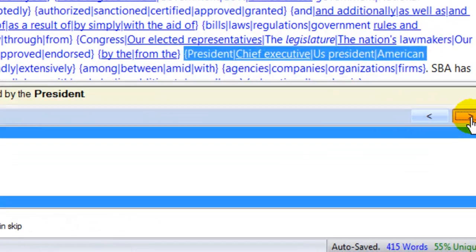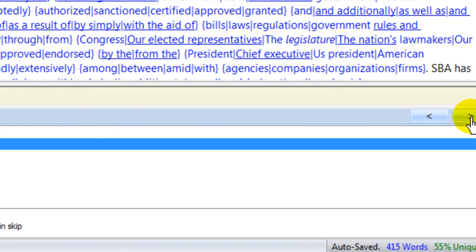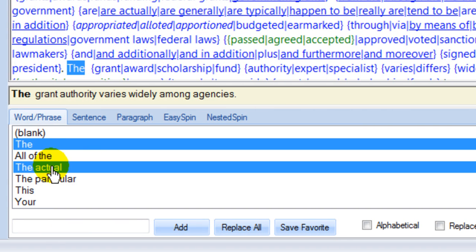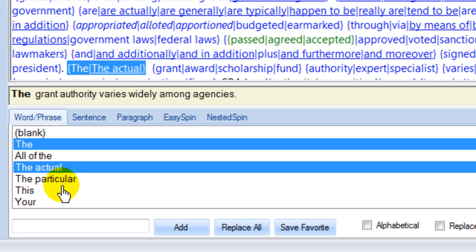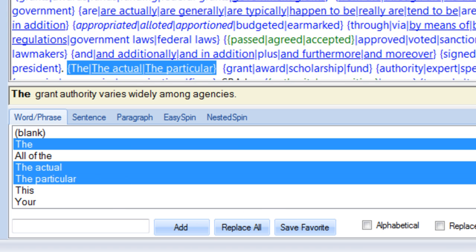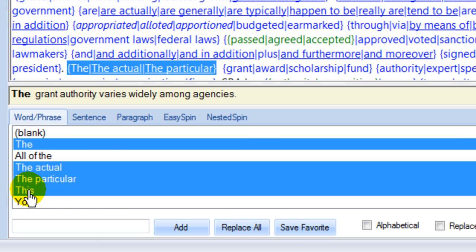Okay, now let's go to the second one. The grant authority varies widely among agencies. The grant, the actual, could be the particular, this, it all fits. This grant authority.